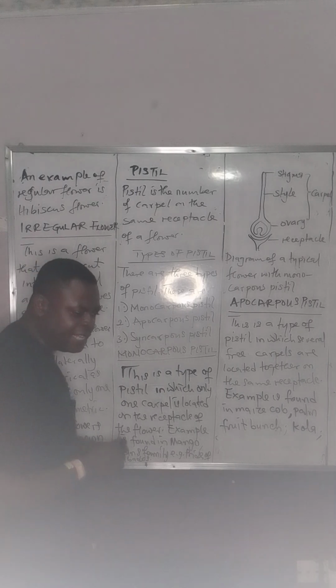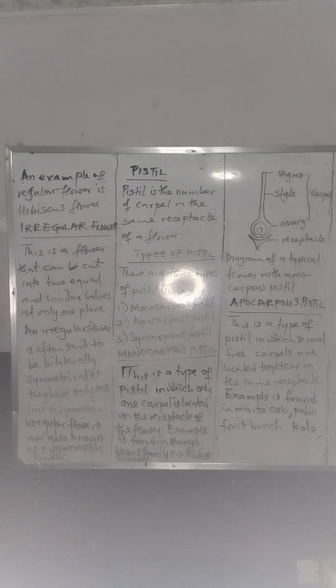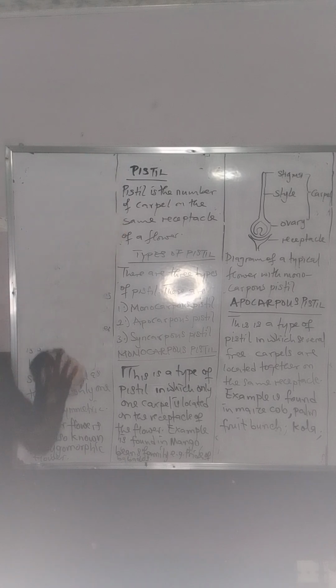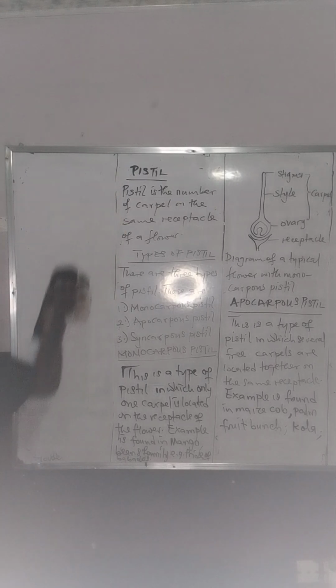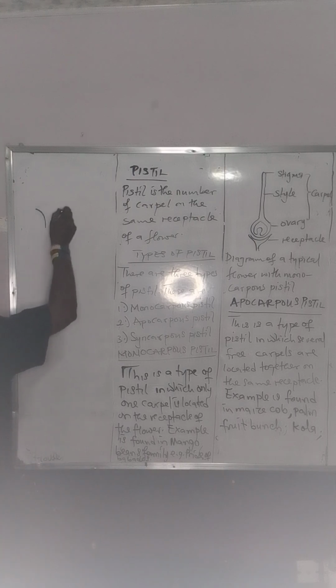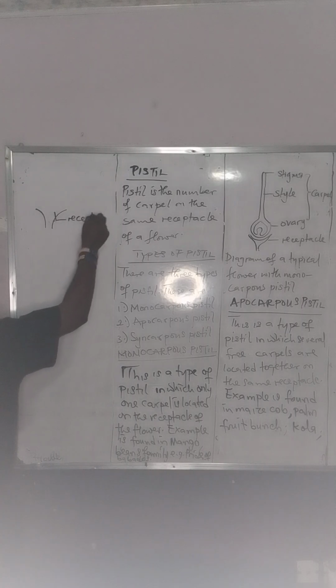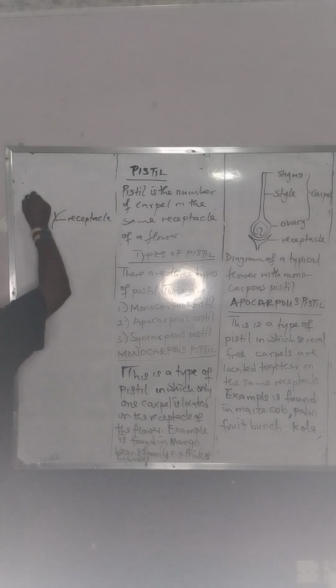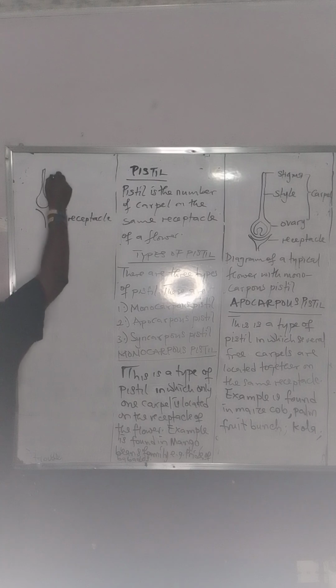Now, let's look at a diagram that represents apocarpous pistil. Look at this. I have this receptacle. Then on this one receptacle, this one pistil, this is another one.